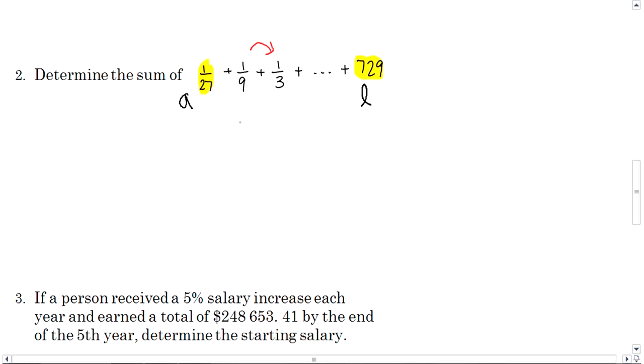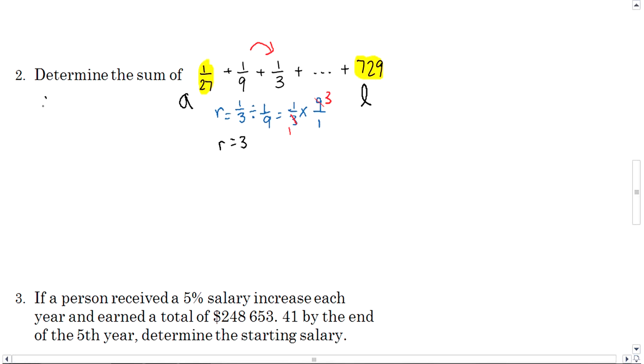So the ratio is equal to 1/3 divided by 1/9, which is equal to 1/3 times the reciprocal, 9/1. And there's some beautiful cancellation here. R is equal to 3.